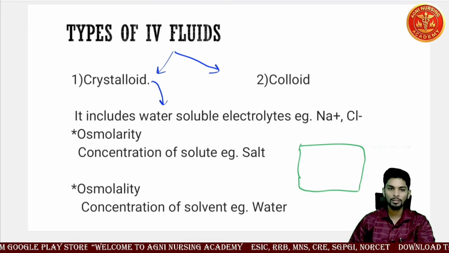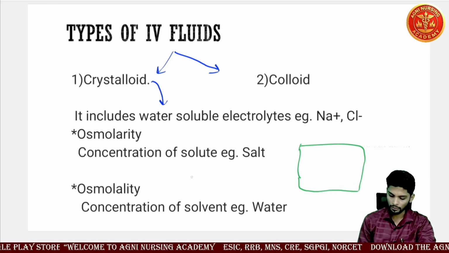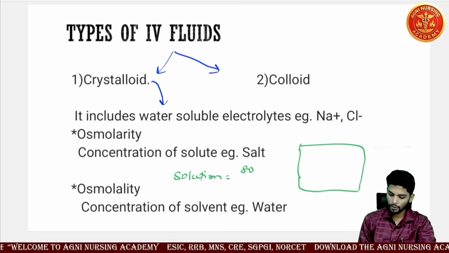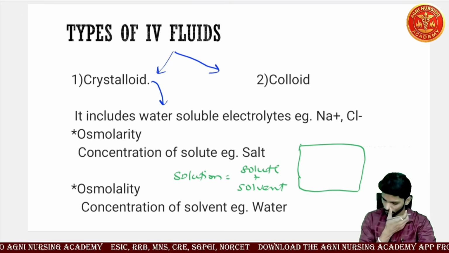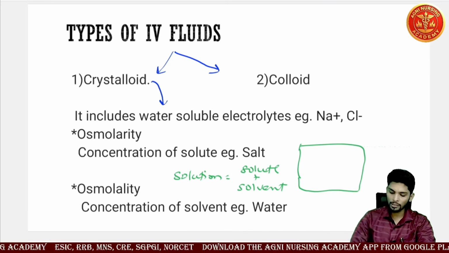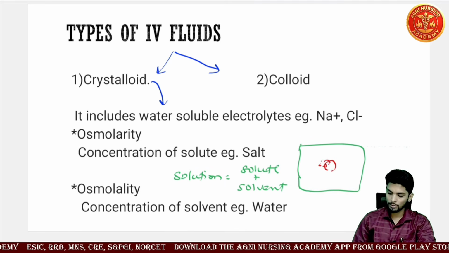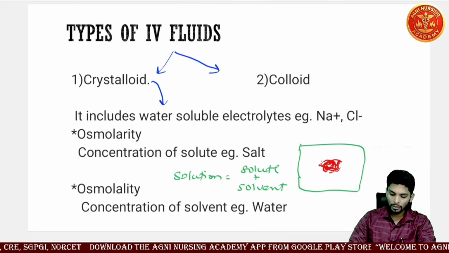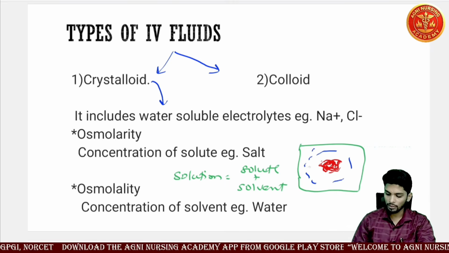Everyone knows a solution is made up of solute plus solvent. So what is osmolarity? Osmolarity is the concentration of solute in solution. And what is osmolality? Concentration of solvent in solution.